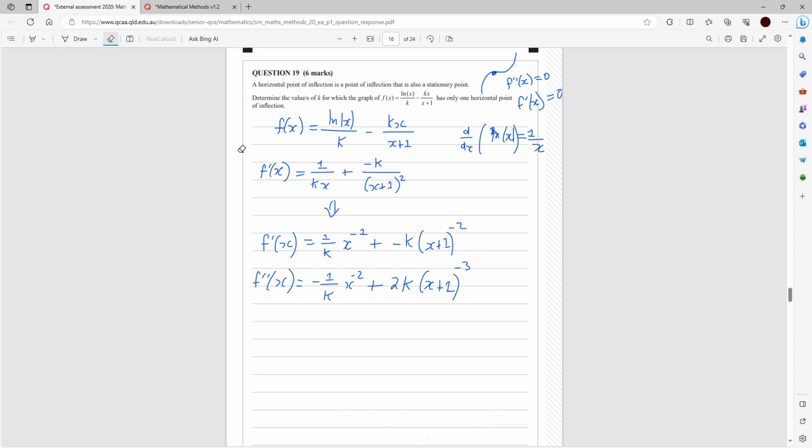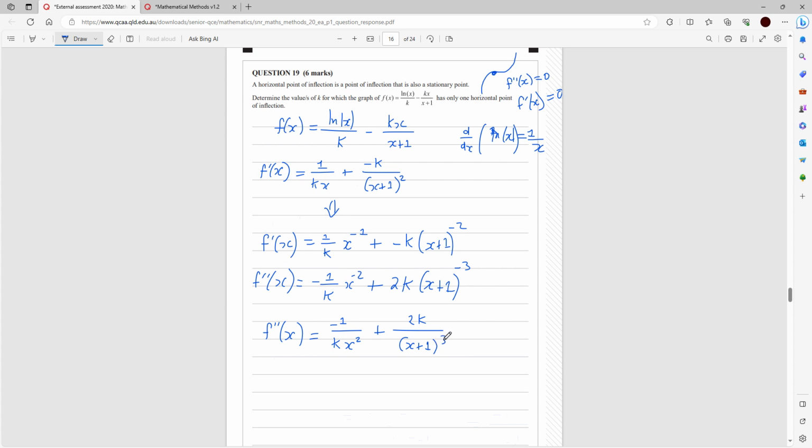And that's it, that's the second derivative, okay? So f double dash of x is negative 1 on k x squared plus 2k on x plus 1 all cubed, okay?